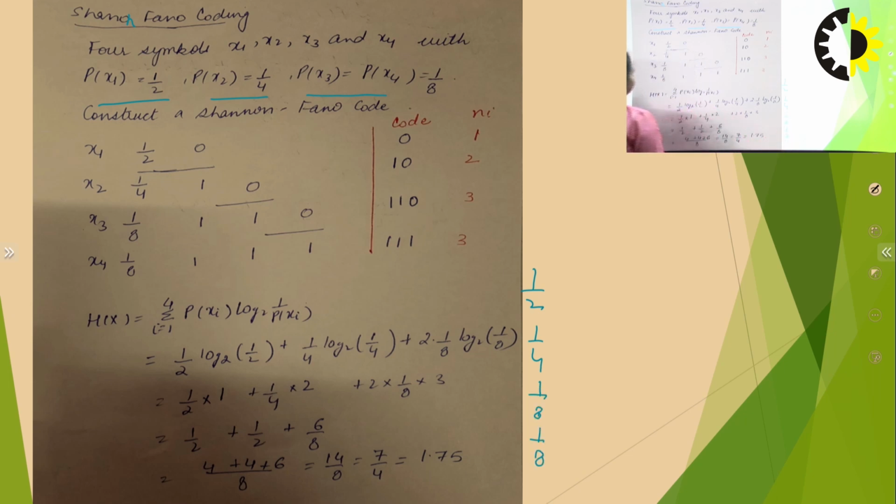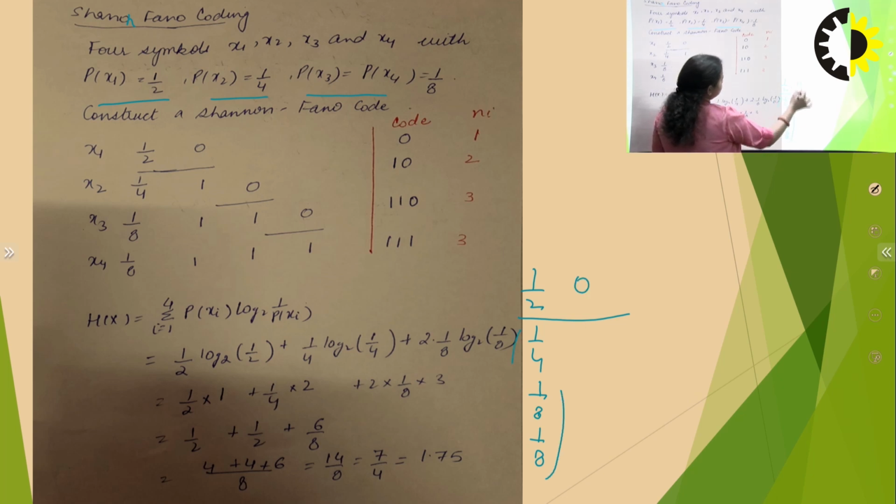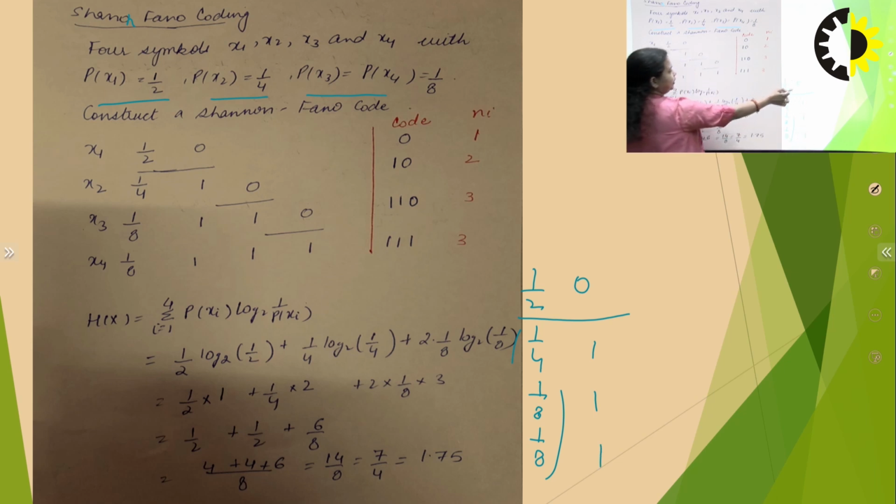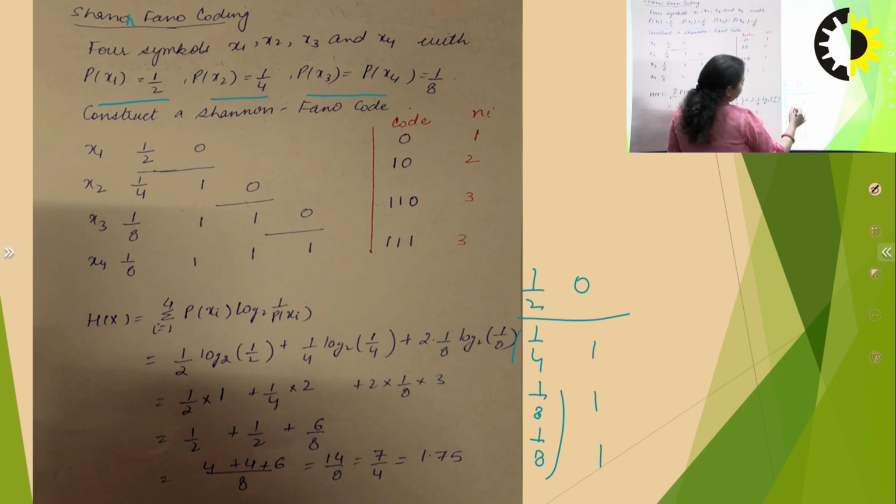So first divide it into 2 equiprobable states. From it we can easily see this is 1 by 2 and this whole group also results in 1 by 2. So you just put 0 here and 1 for all of these. That means this one is 0, and for all these you will have a code starting with 1. Then again you divide.